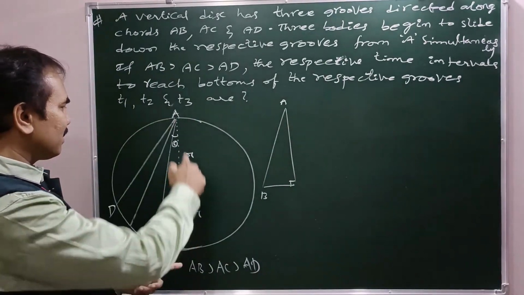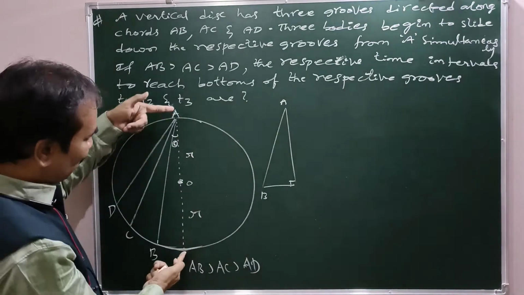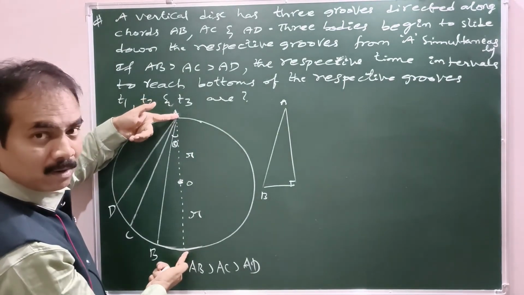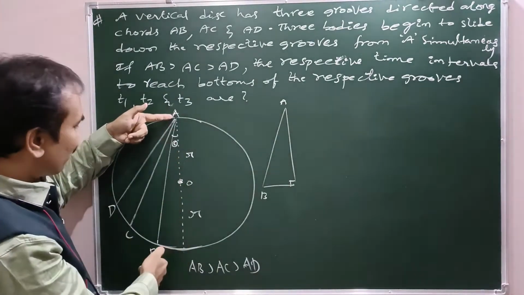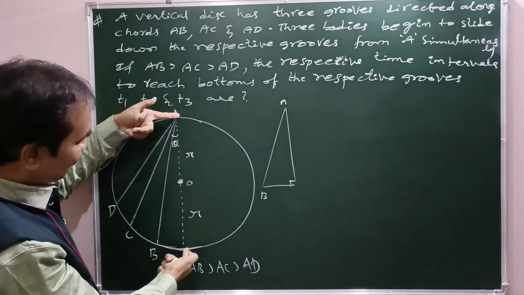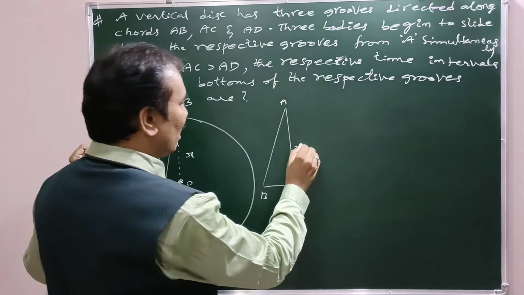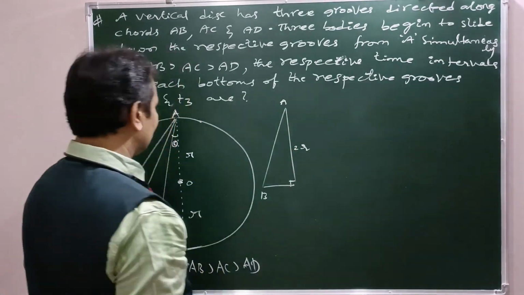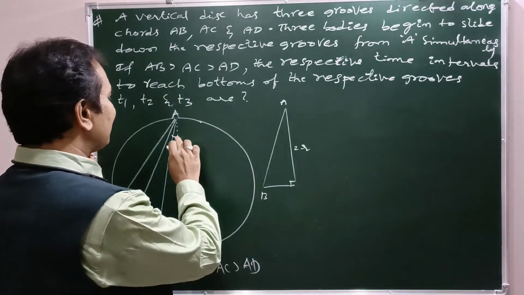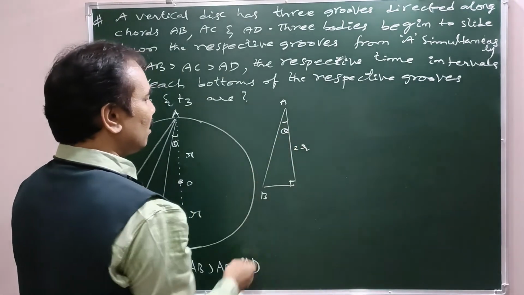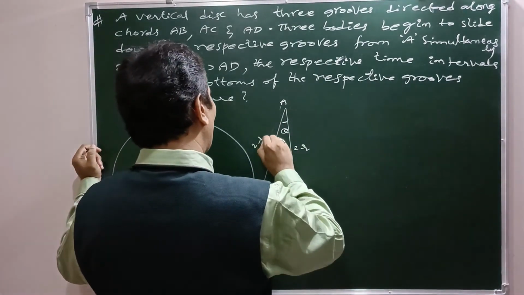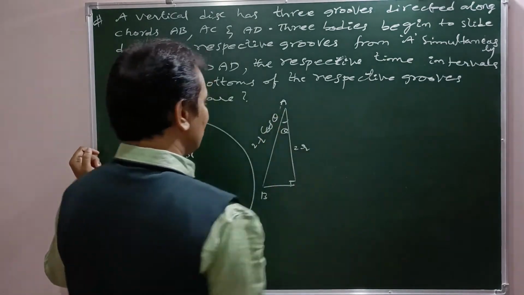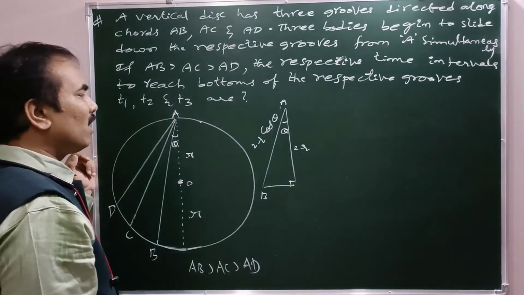R plus R. This is the vertical displacement covered by a ball which slides along chord AB. R plus R, so this is 2R. Now say this is angle theta. Now what is this side, the hypotenuse? Definitely 2R cos theta. Hypotenuse, 2R cos theta.